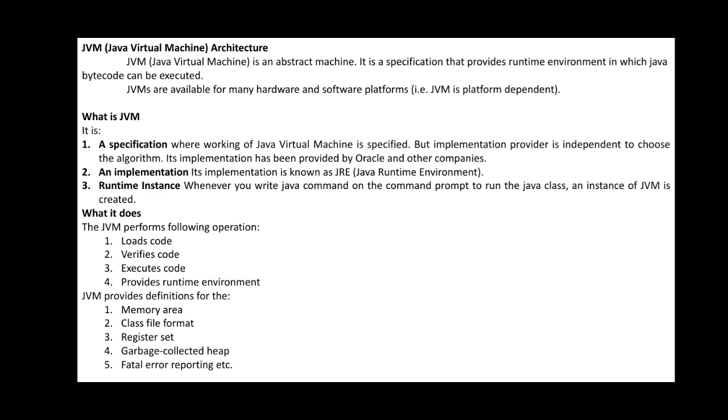JVMs are available for many hardware and software platforms. What is JVM? As a specification, as an implementation, as a runtime instance. As a specification, the working of JVM is specified, but the implementation provider is independent to choose the algorithm. Its implementation has been provided by Oracle and other companies.